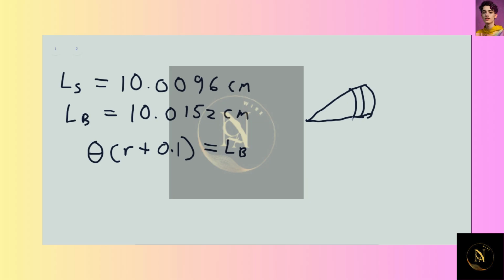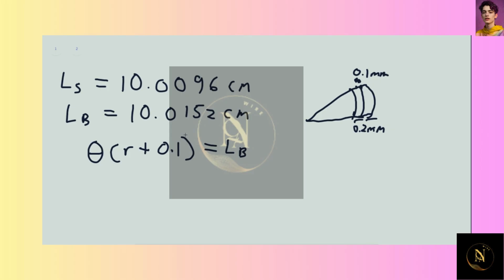This is the bottom of the strip, this is the top of the strip, and both of these are 0.2 millimeters. Our radius is measured from a center point here. The distance from this center to the center of the beam is 0.1 millimeter.